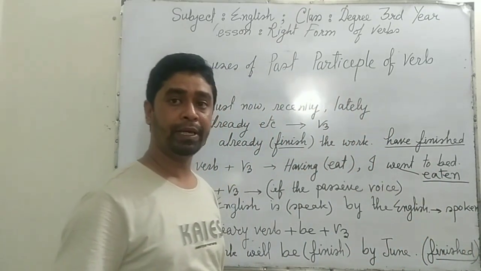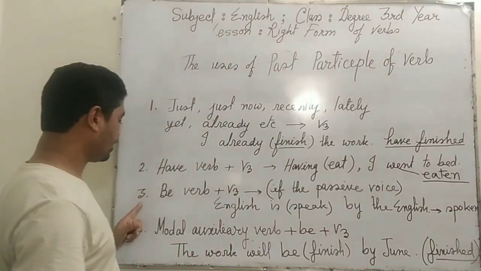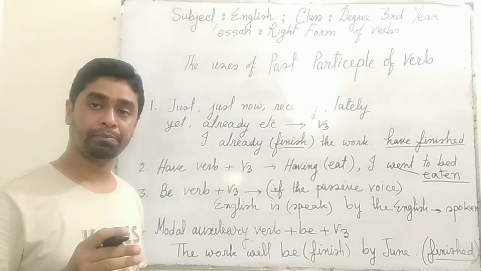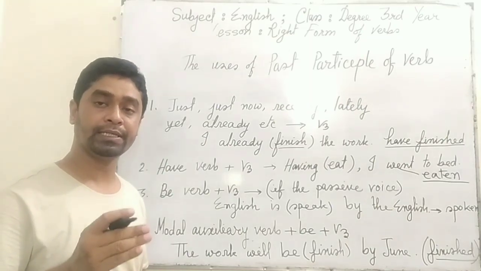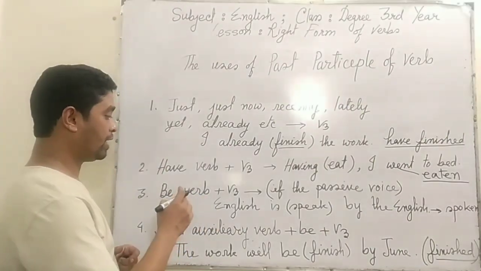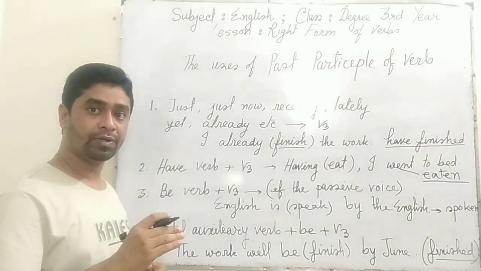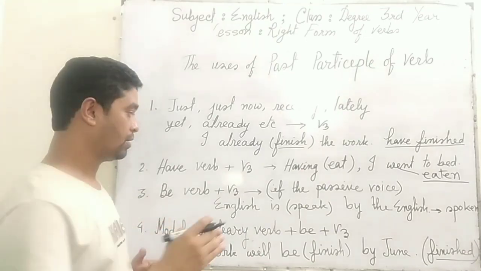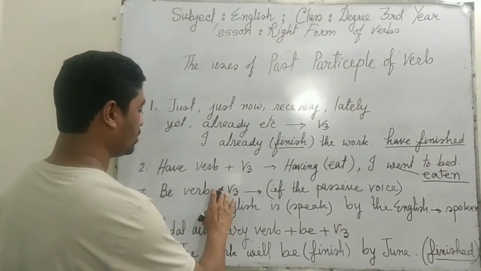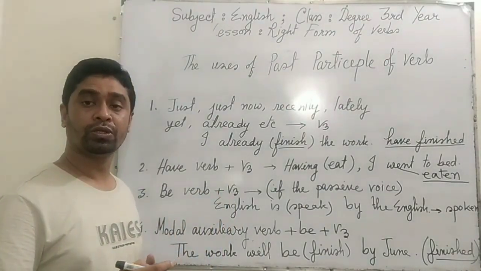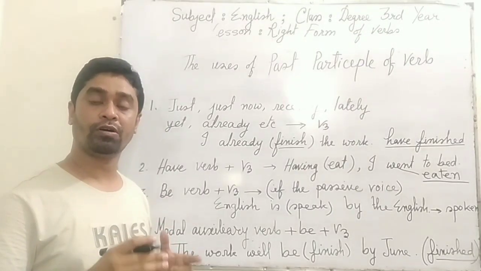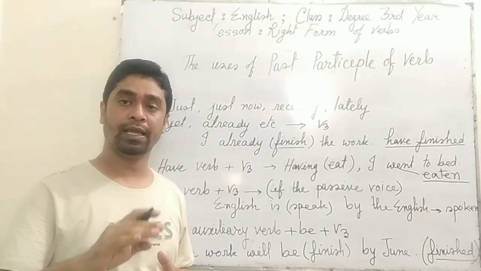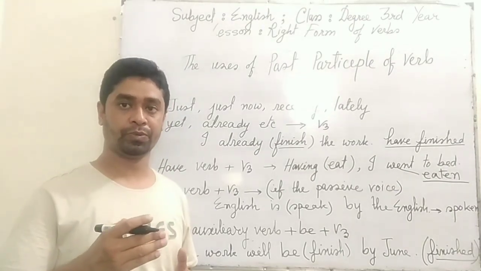The answer will be eaten. Third, if in a sentence we find be verb, meaning am, is, are, was, were, if in a sentence we find such words, then we have to use the past participle of the verb if this sentence is in passive form.